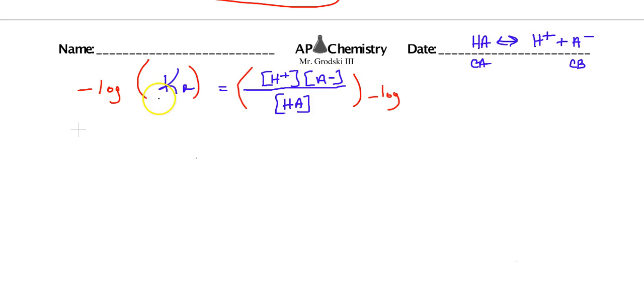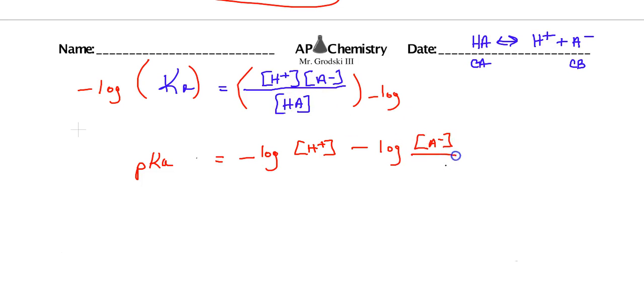Now, negative log of this becomes something called the pKa. That should sound familiar. Now, I do the negative log of this expression. I'm going to break this up. I'm going to do the negative log of the H plus separately. Then I do the negative log of what's remaining in this fraction, and that would be the conjugate base concentration over the conjugate acid concentration.